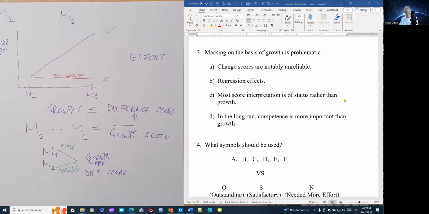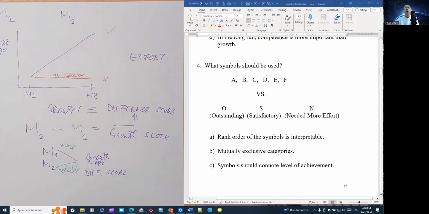Growth, however, is more valuable in formative evaluation, those short evaluations, while achievement status is more important in summative reports like final grades. So we have to make those differences.